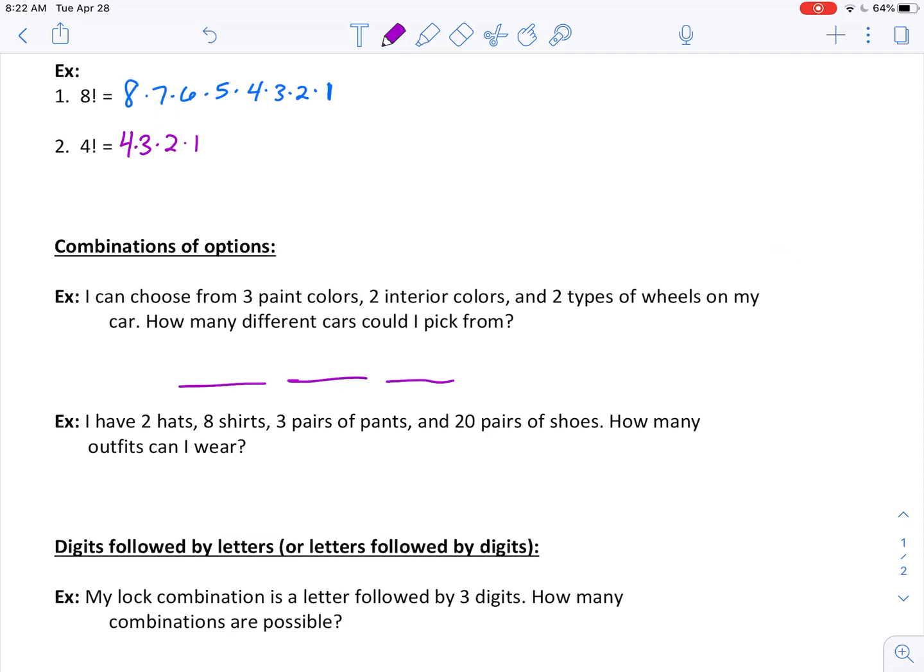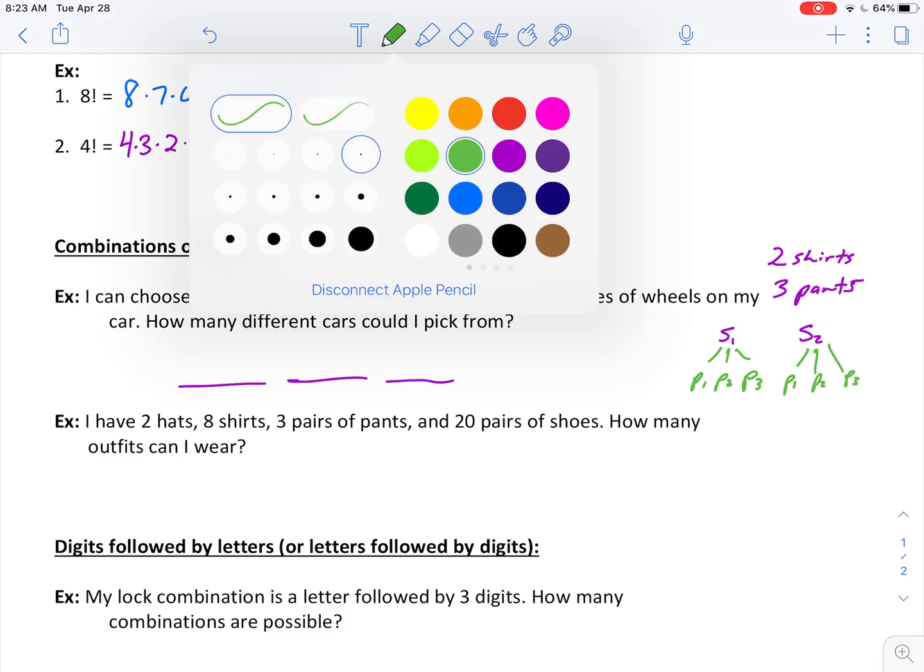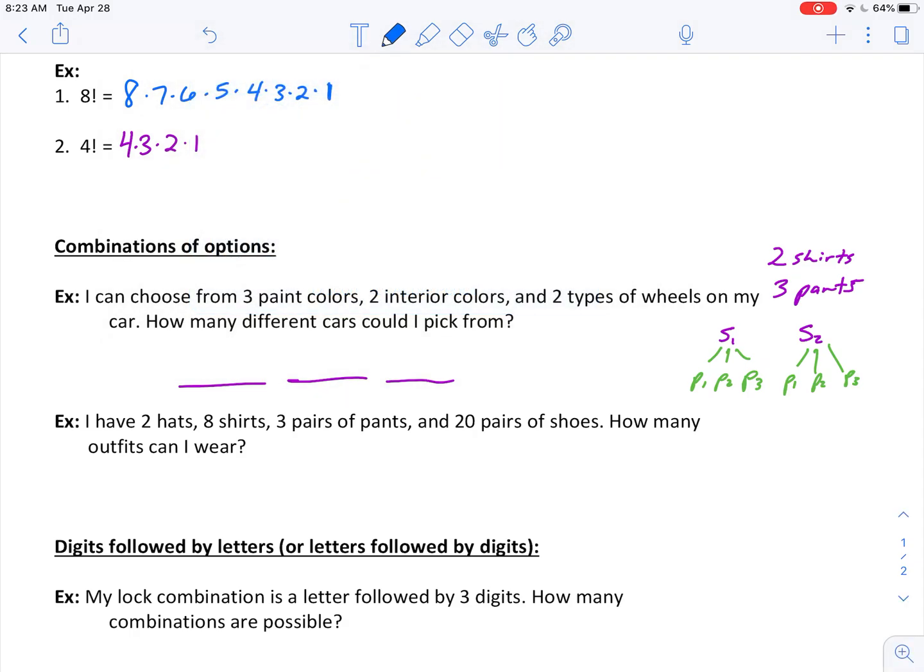So what we're going to do here is start with some combinations. So I've got 3 paint colors to choose from, 2 interior colors, and 2 types of wheels. I'm going to go back to my shirt example that I did yesterday. So let's say I have 2 shirts and 3 pairs of pants.